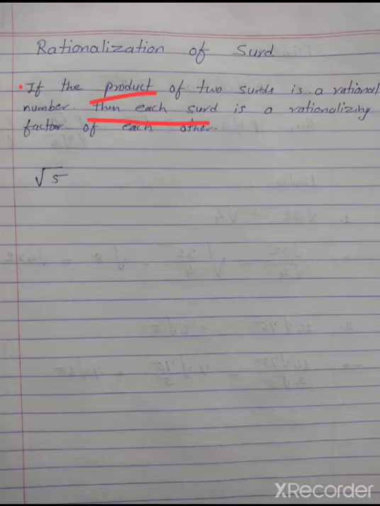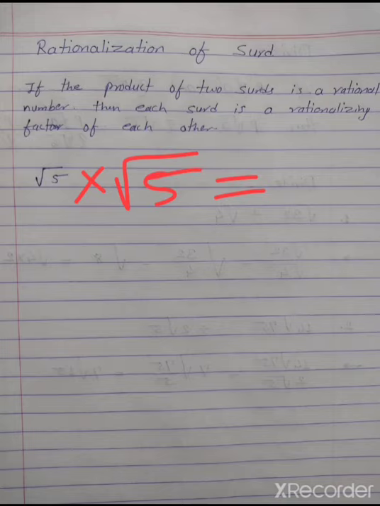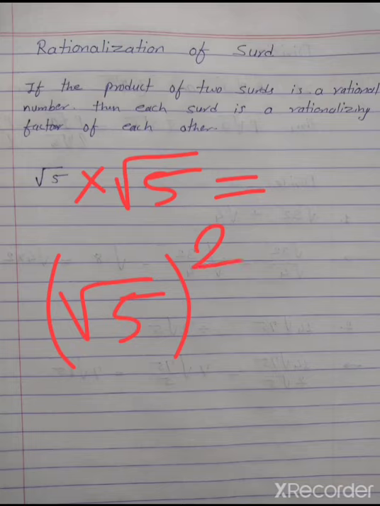It means if we have to rationalize this root 5, then we have to select one more factor such that we will get a rational number. So suppose if you simply use root 5, you know root 5 into root 5 is equal to root 5 square.